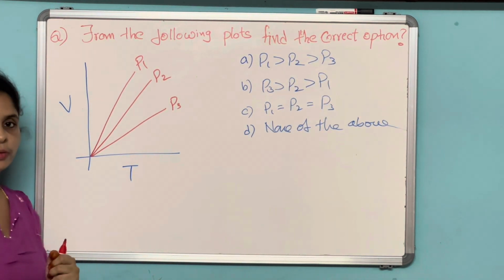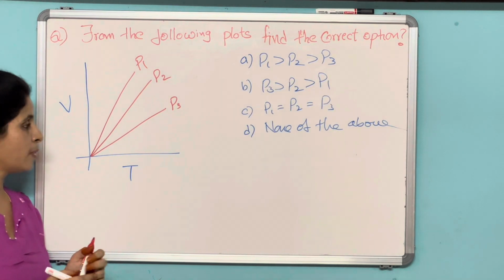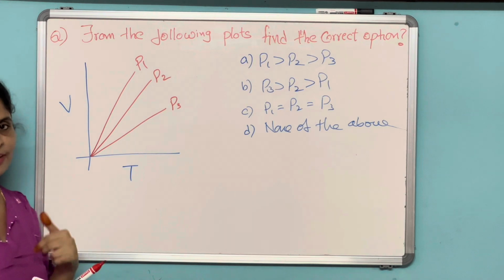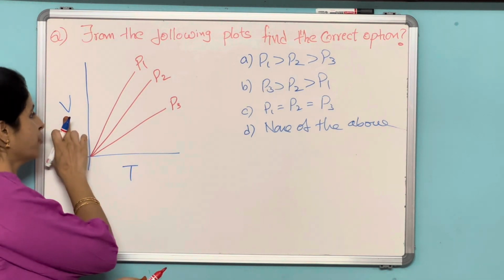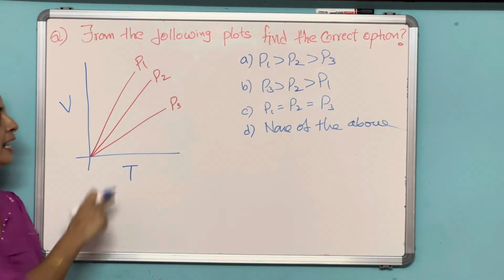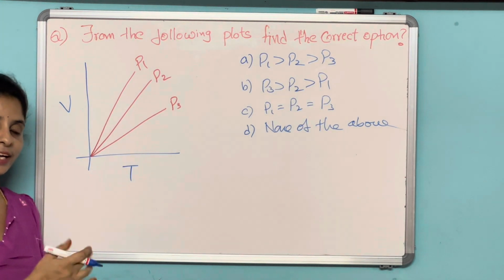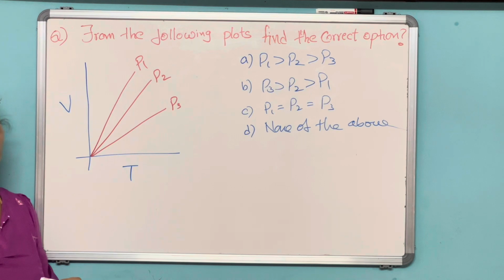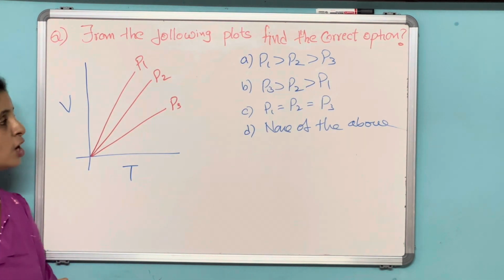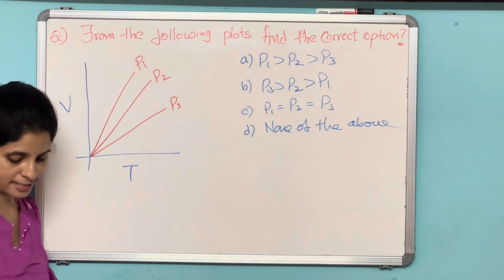Now what I told you while discussing the previous problem: first look for the variables. What are the variables on the x and y axis? Here volume and temperature are variables. It is Charles' law, at a constant pressure. At a constant pressure, for a given amount of gas, volume is directly proportional to temperature. So these plots are from Charles' law.